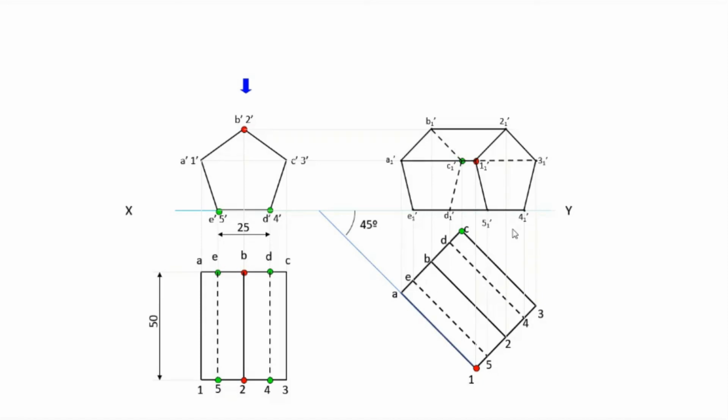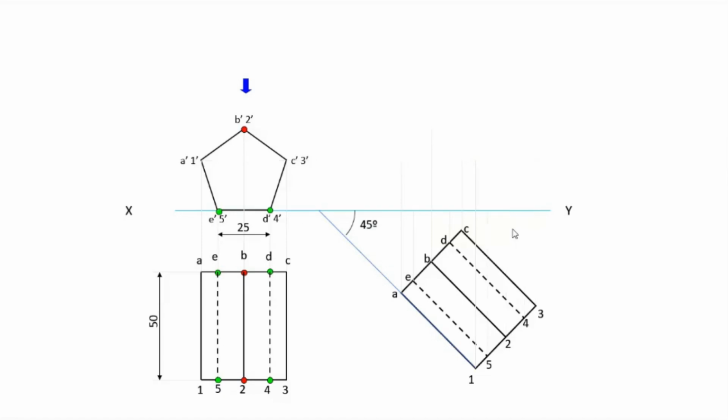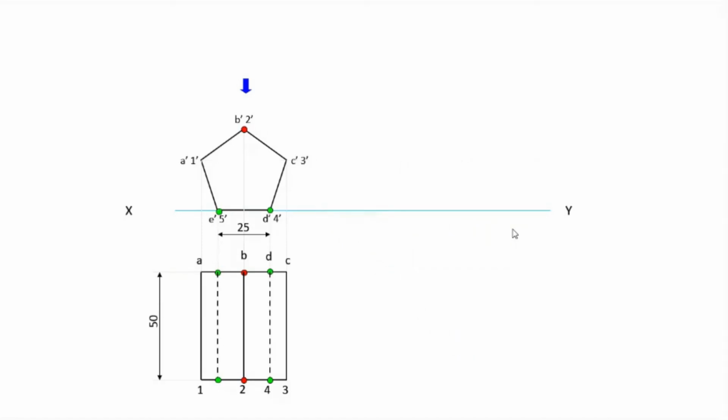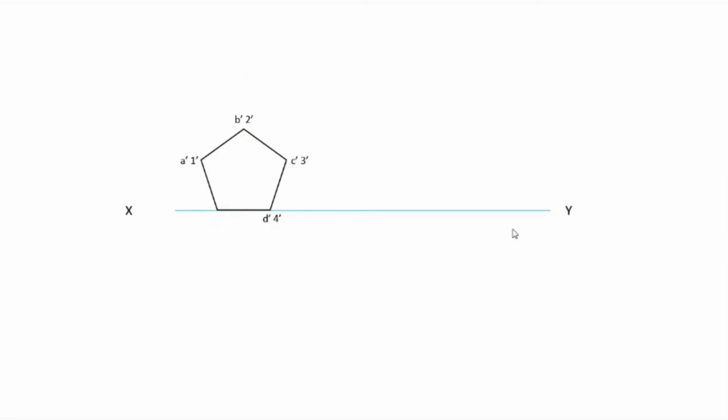I'll show it once more and then you can draw. First draw the XY line, then the pentagon in the front view, then mark the points, then we go for the top view.